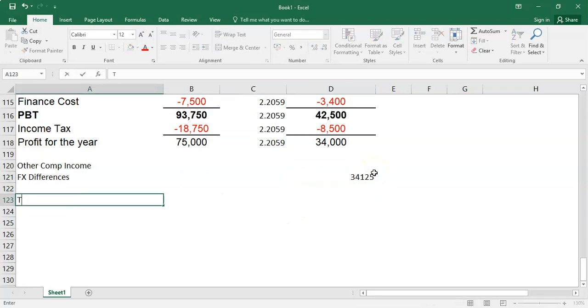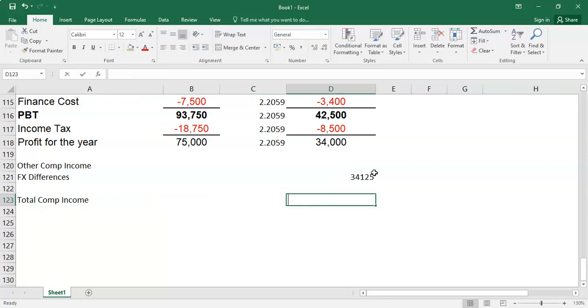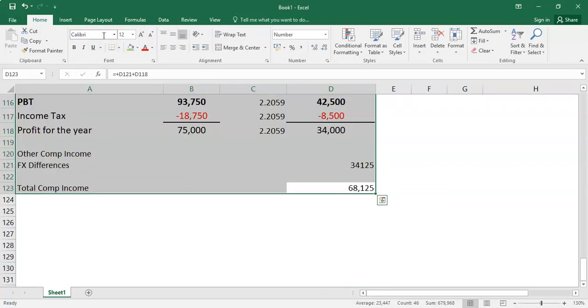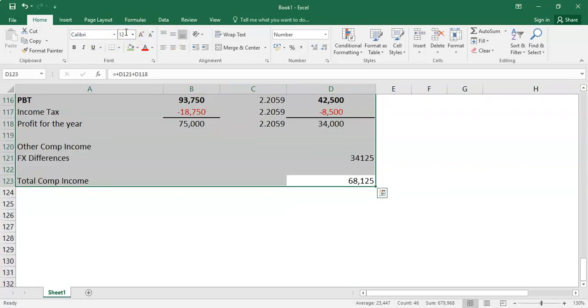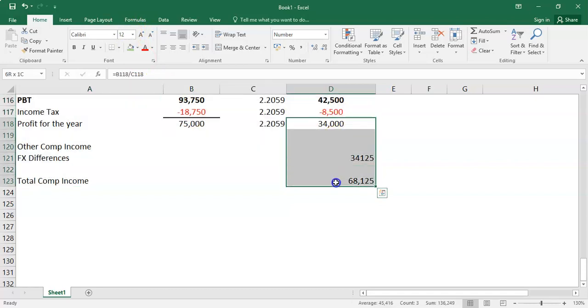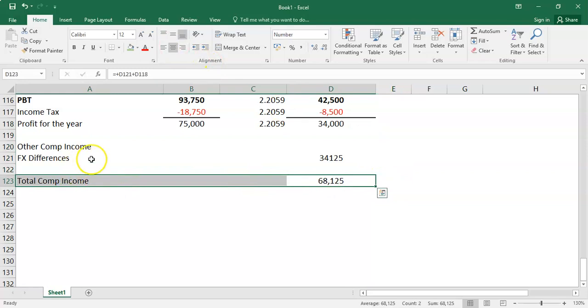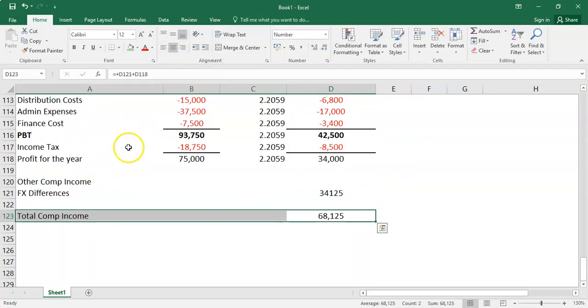So your total comprehensive income for the year is 34,125 plus 34. Let's just tidy that, it's all the same. Calibri and 12.